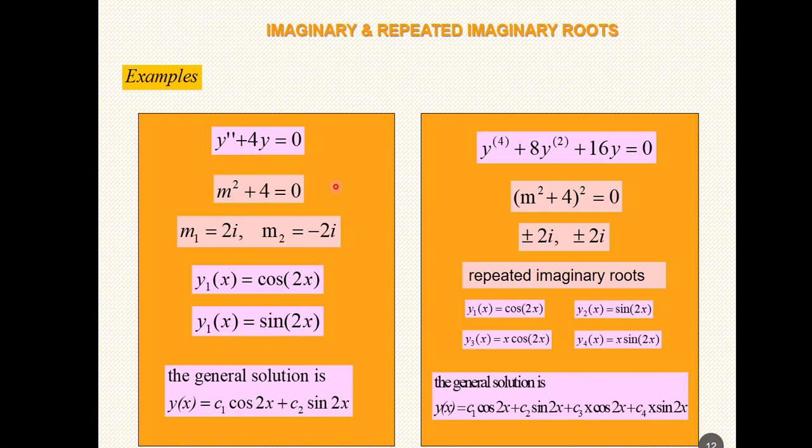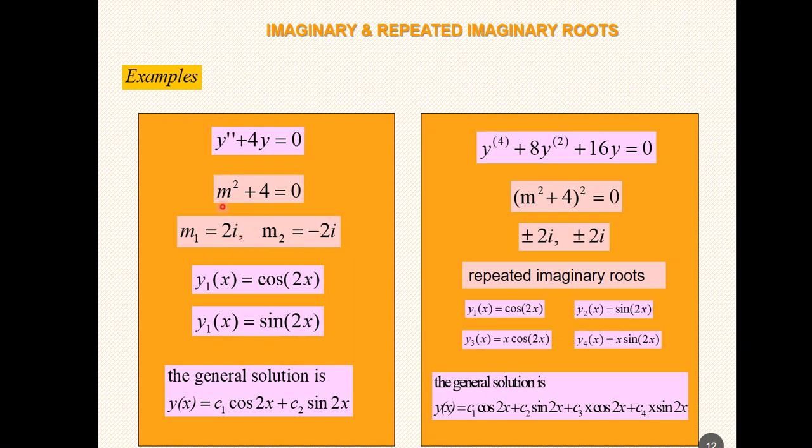If you transfer 4 here on the right side, that would be negative 4. If you intend to get the roots, that would require you to get the square root of negative 4. The square root of a negative number will always have the imaginary unit i. And as such, we call this a conjugate pair of imaginary roots, because one is positive, the other one is negative.